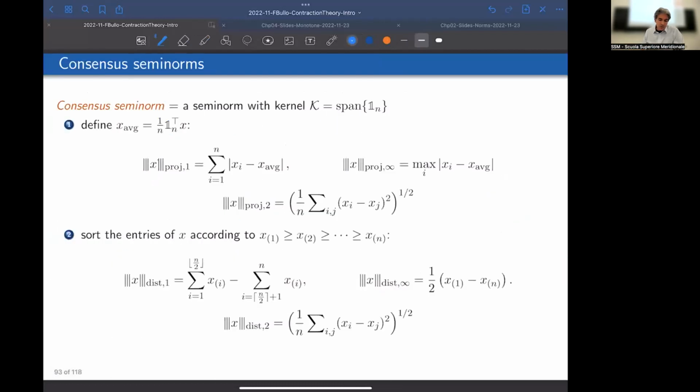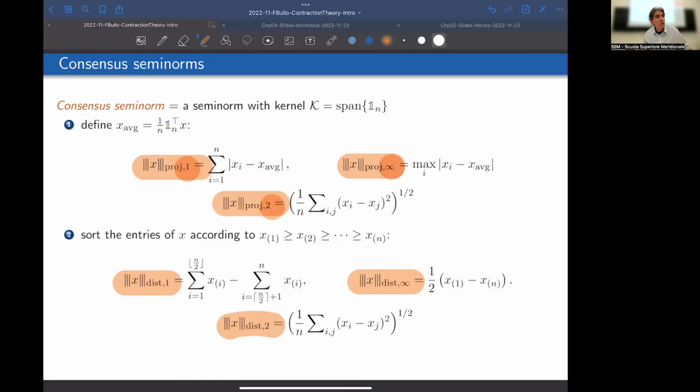And it turns out that if you chase through this, you can calculate closed form formulas for the projection 1, infinity, and 2, and distance 1, distance infinity, distance 2. You get all the formulas.